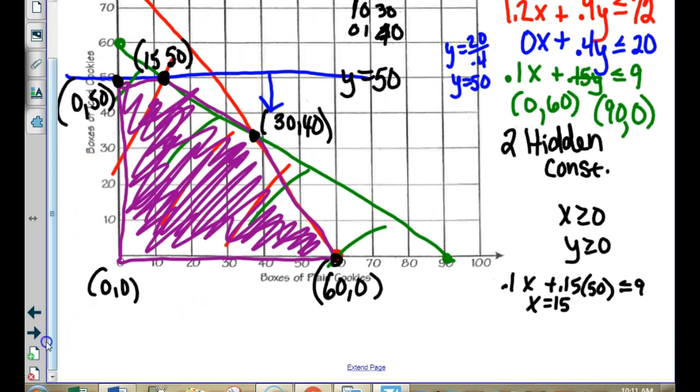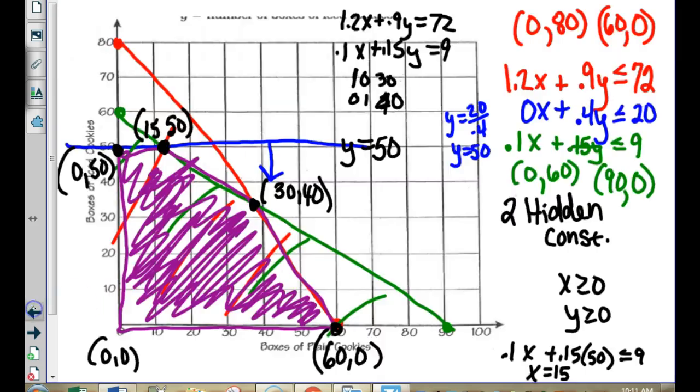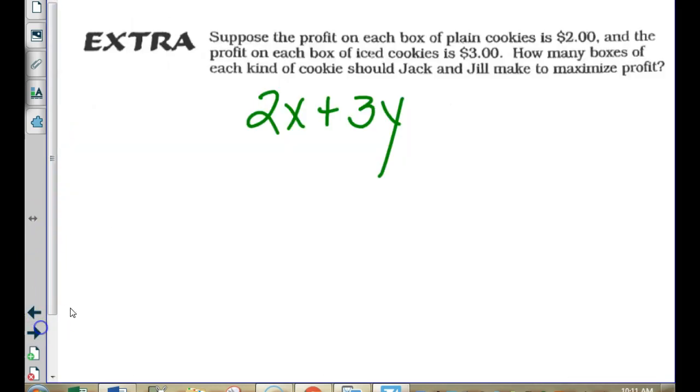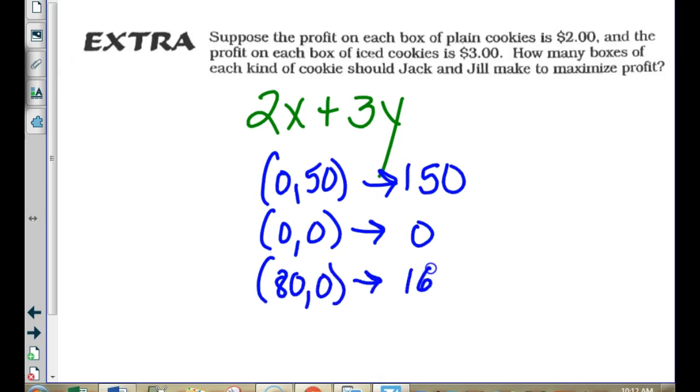All right, the maximization process comes from this: if every box of cookies that was plain makes $2 and iced makes $3, the maximum profit occurs at one of these points. So if I put (0, 50) into this equation, it would give me $150. Somebody give me another point. (0, 0) would give me $0. What did we have? (80, 0) would give me $160.